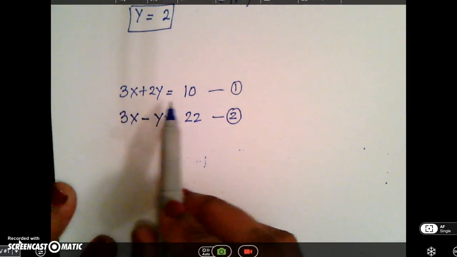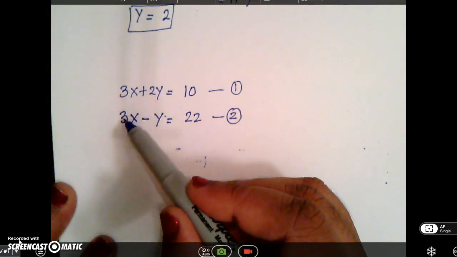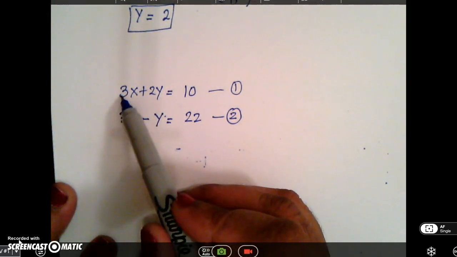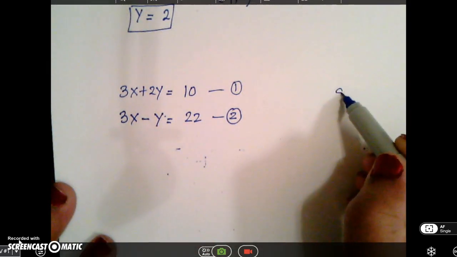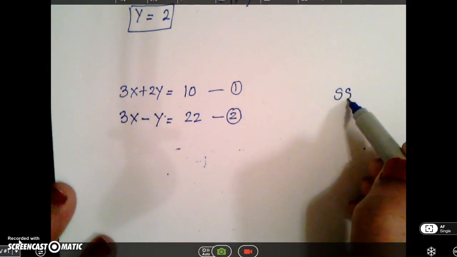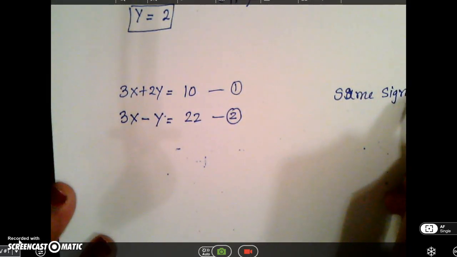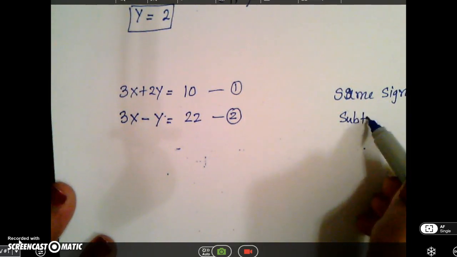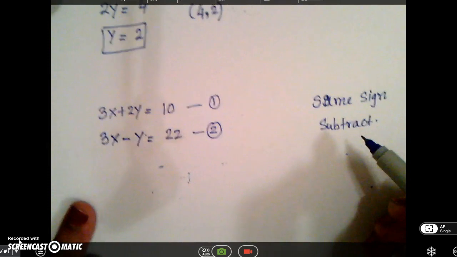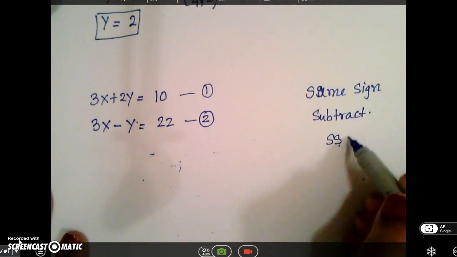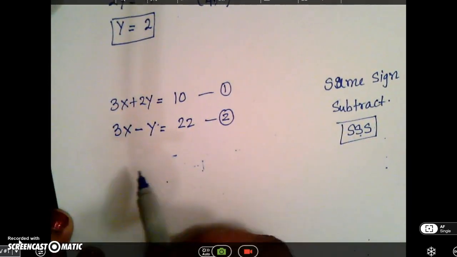I'm looking at my variables. My x variable has got the same number, 3 and 3. This is a positive 3 and this is also a positive 3. The same numbers, if you have the same sign, you subtract. Same sign, you subtract. You can say SSS. All right, same sign, subtract.